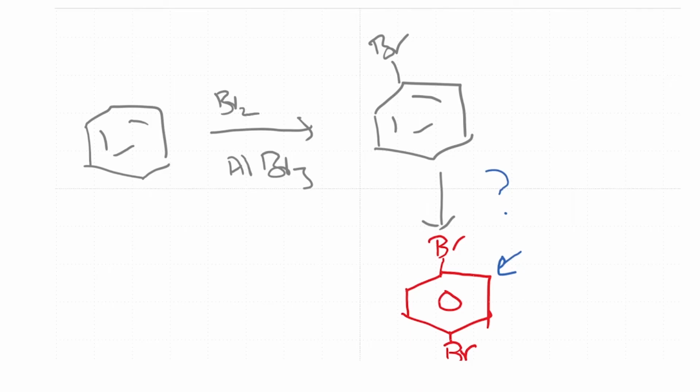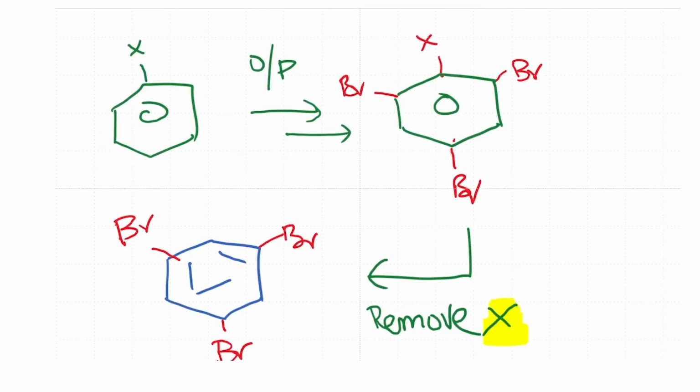So using this methodology, we will not be able to get the 1,3,5-substituted benzene ring. In order to get 1,3,5, one strategy that we could adopt is to start with a substituted benzene compound, which we have to prepare from benzene itself, and if that is ortho-para directing and highly activating, then it's possible that you can prepare 1,3,5-tribromobenzene.